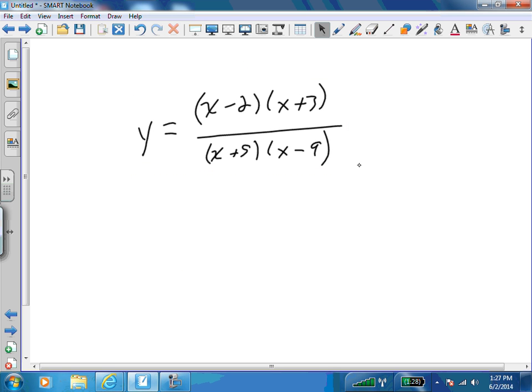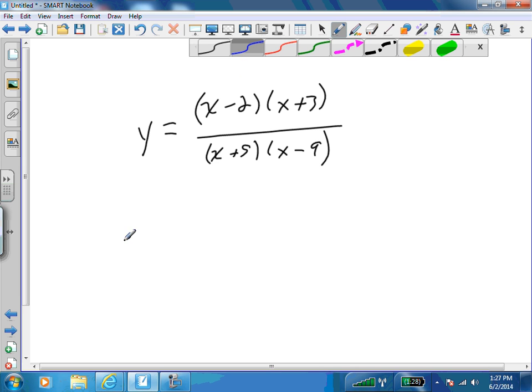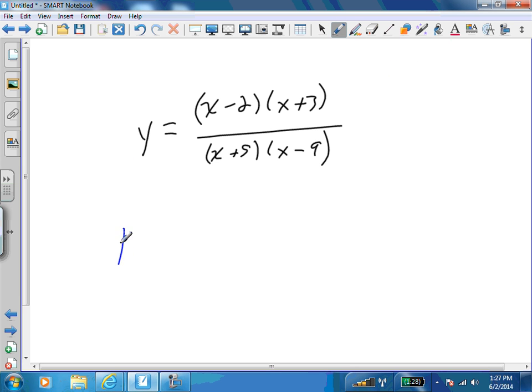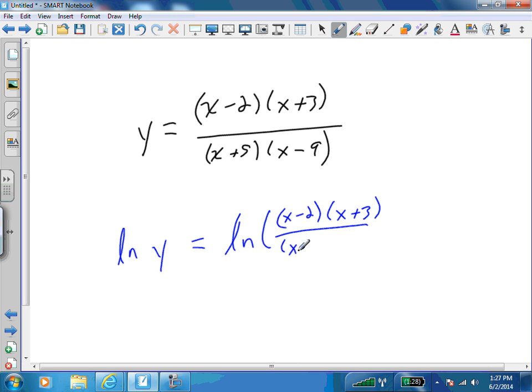But by utilizing properties of logarithms, one thing that we've done in the past is we saw, okay, if we take the natural log of both sides, we maintain equivalence. If we do the same operation to both sides, we are still equivalent.